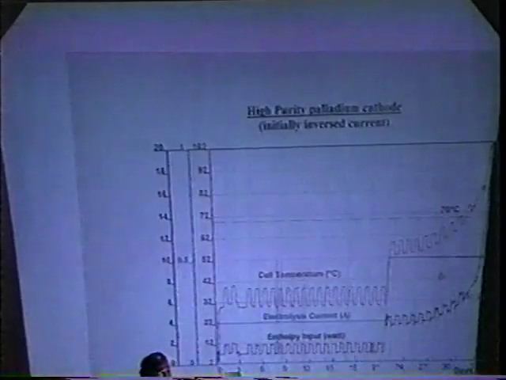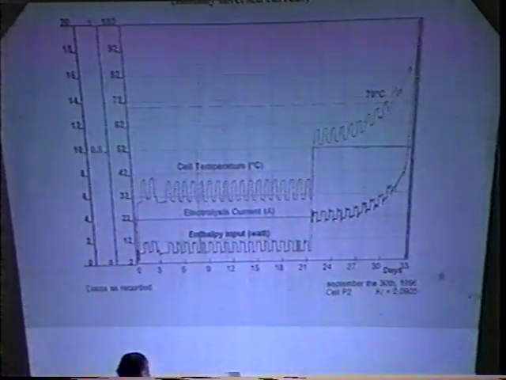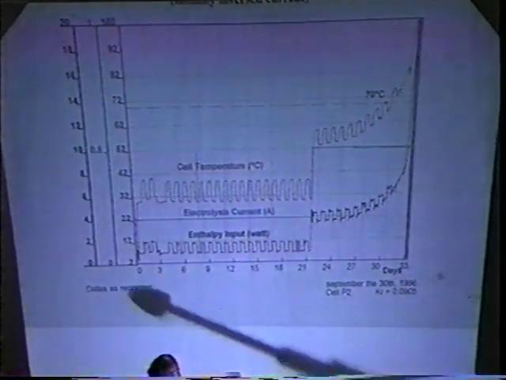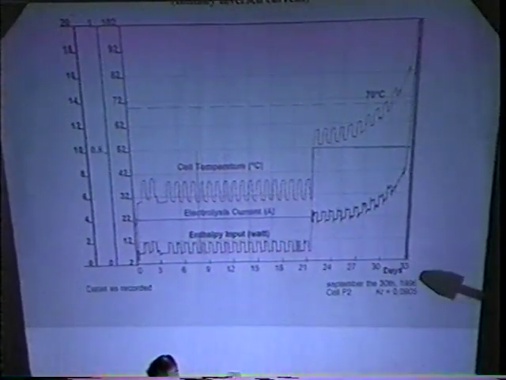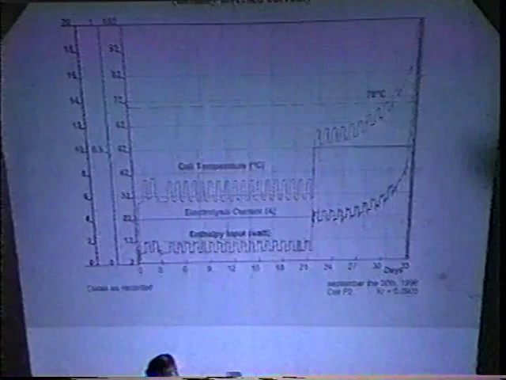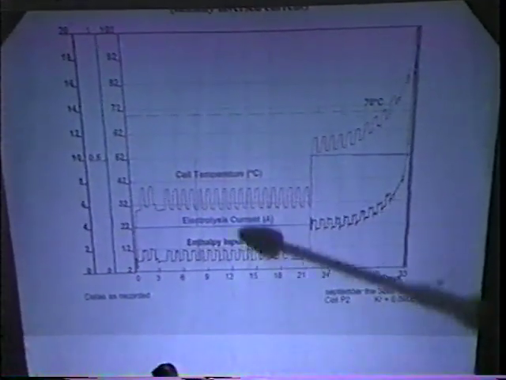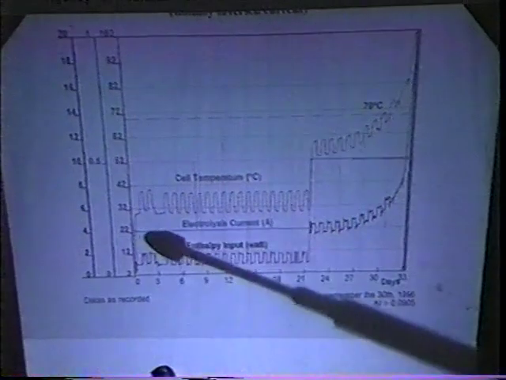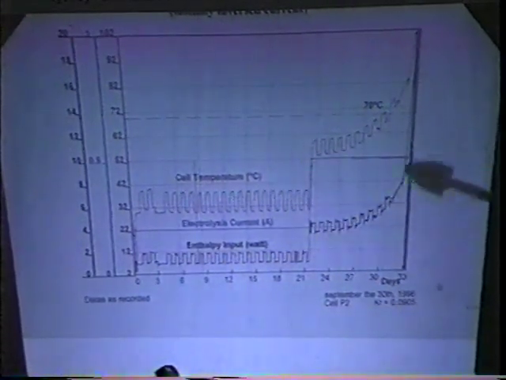Let me show you a typical experiment here. This is in days. You have 3 axes. This experiment lasted 33 days. This is a high-purity palladium cathode from Johnson Matthey. You can see in the blue line is the current, the 0.2 amps, then 0.5 amps, going up stepwise here.